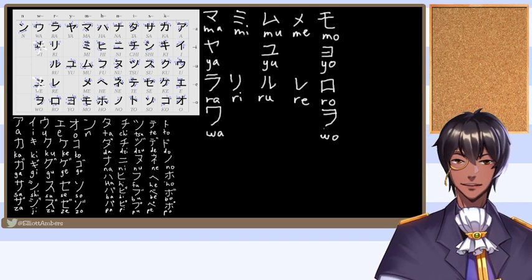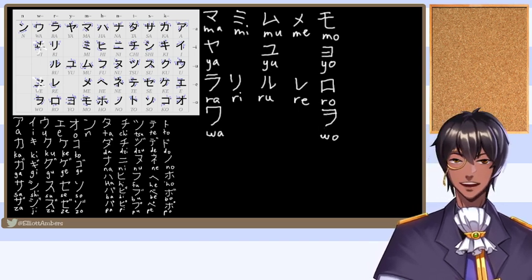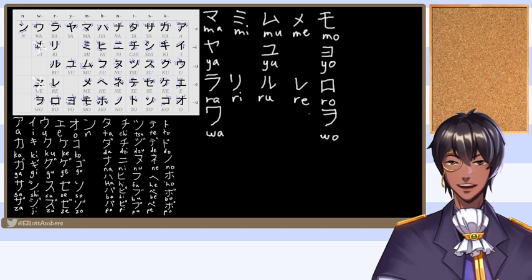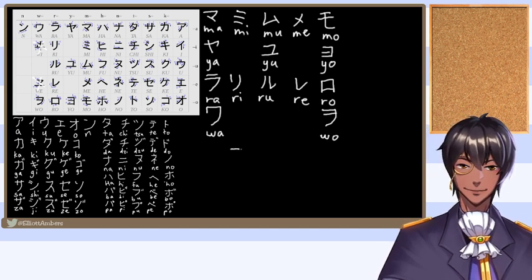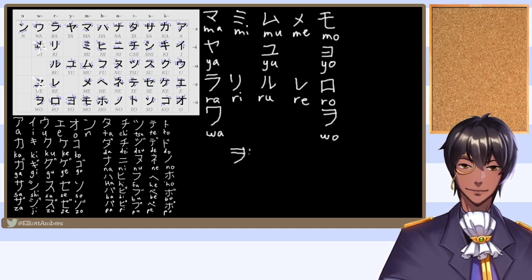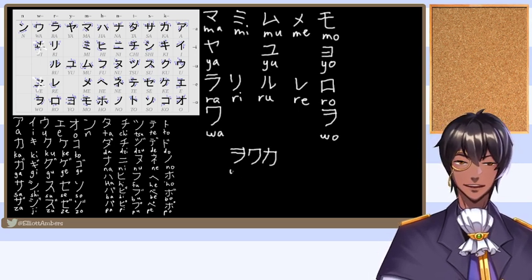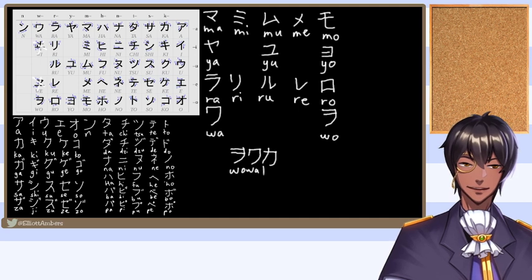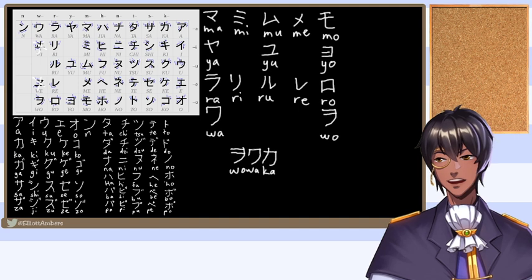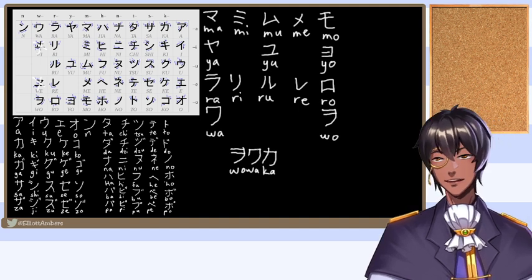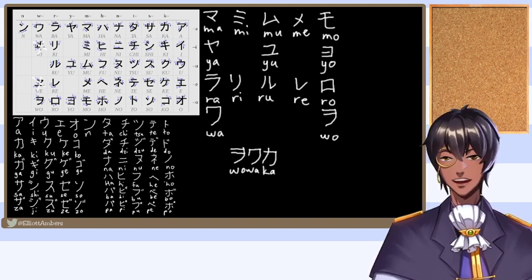The only time I can remember seeing this character is when I think about the late Wowaka, who is a Vocaloid producer, who composed big songs like Rolling Girl. So, just as an example of using katakana for other words or names. So that is the katakana table.